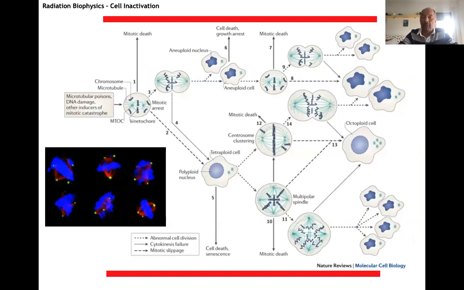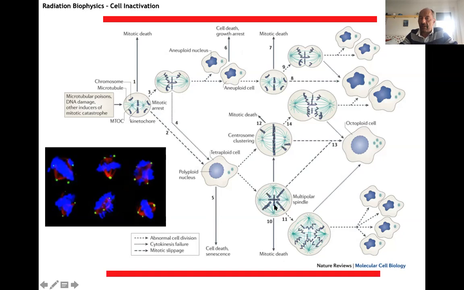Now, you see here again the different types of cell death that you can have. You see here the mitotic, from the mitosis, and the different outcomes that can be cell death, growth arrest, mitotic death, which is essentially a form of mitotic catastrophe.